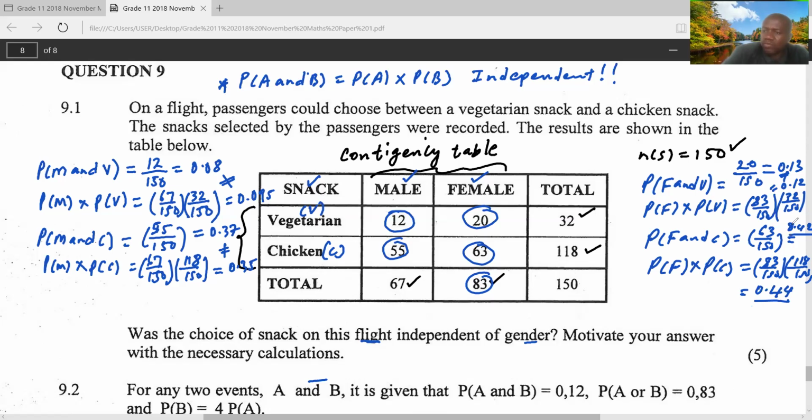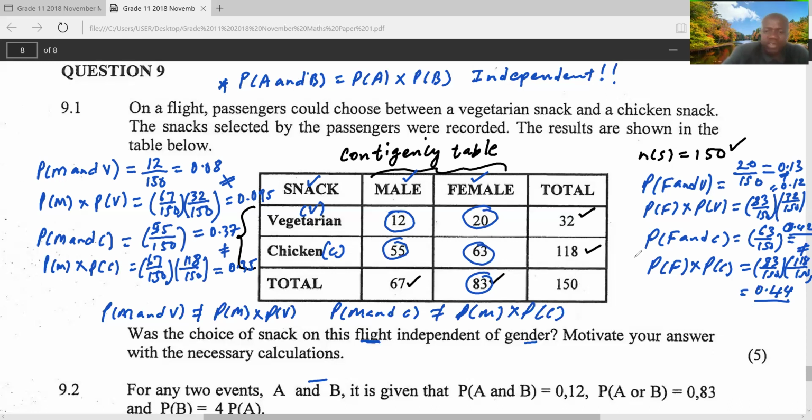So 0.42 and 0.44 are almost the same. You can see that the probability of male and vegetarian is not the same as the probability of male multiplied by vegetarian. The probability of male and chicken is not the same as male multiplied by chicken.